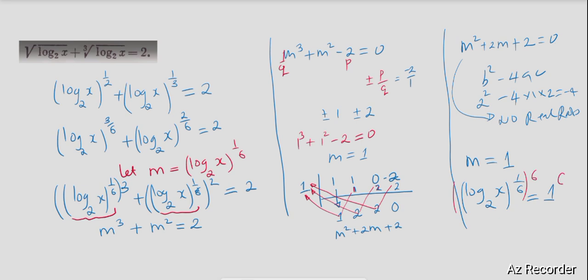We also raise this 1 to power 6. So our next step, we are going to have the logarithm to base 2 x is equals to 1. So removing the logarithm, or rather writing it in exponential form, x is going to be equals to 2 raised to power 1. And therefore, our final answer is x is equals to 2.